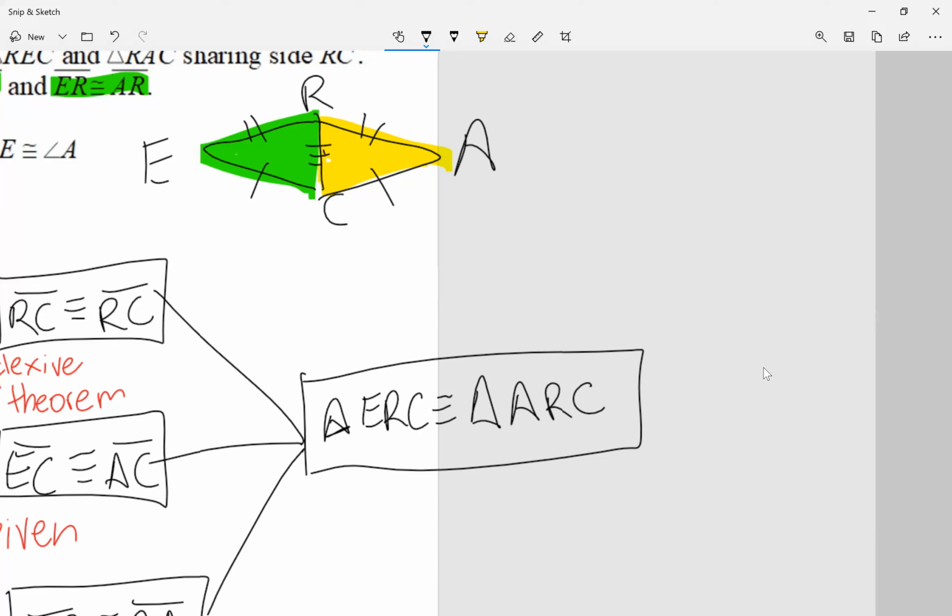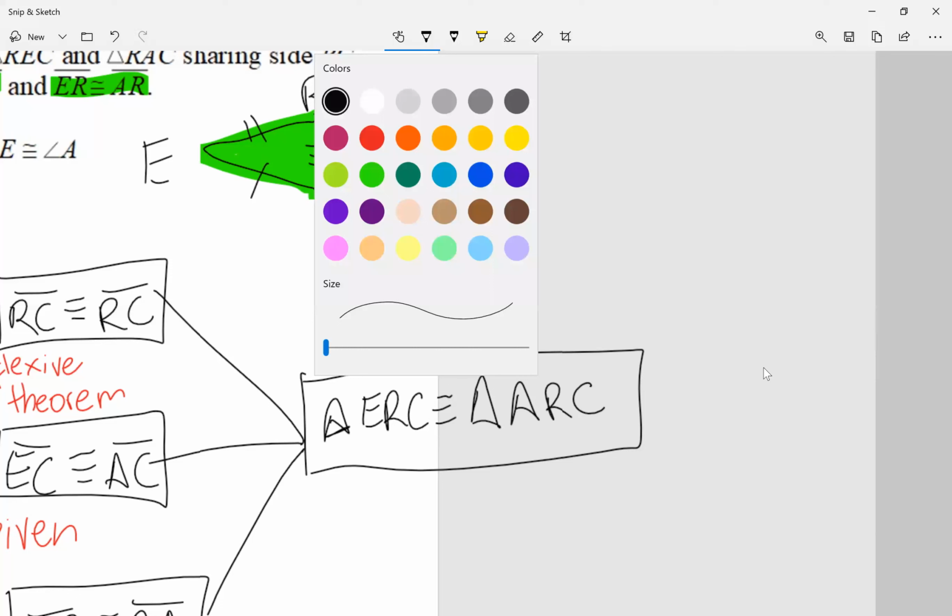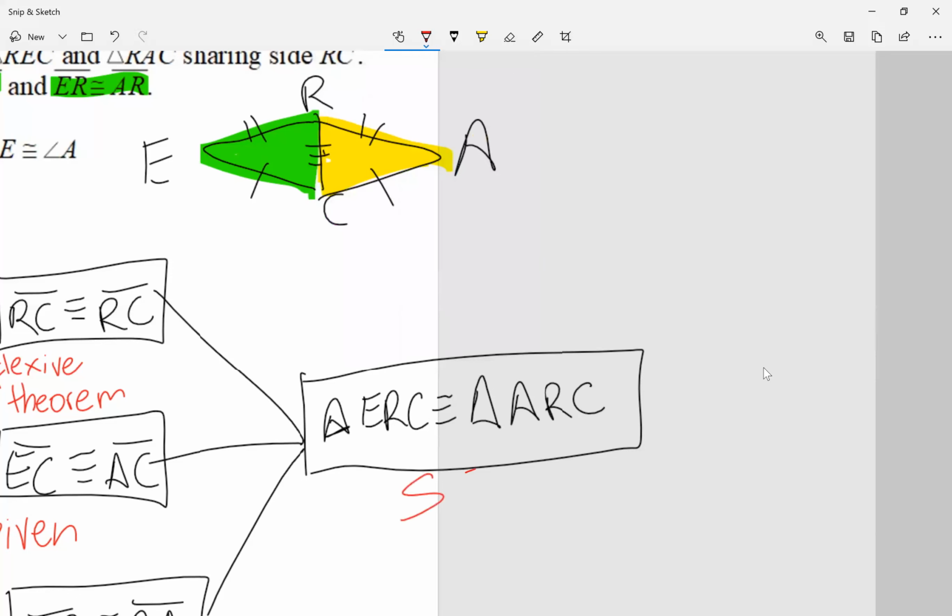So why is the yellow triangle equal to the green triangle? I'm thinking of side, side, side, side, angle, side, like all those rules. I see the three sides of the green triangle and the three sides of the yellow triangle are marked. So that's easy. This has to be because of side, side, side.